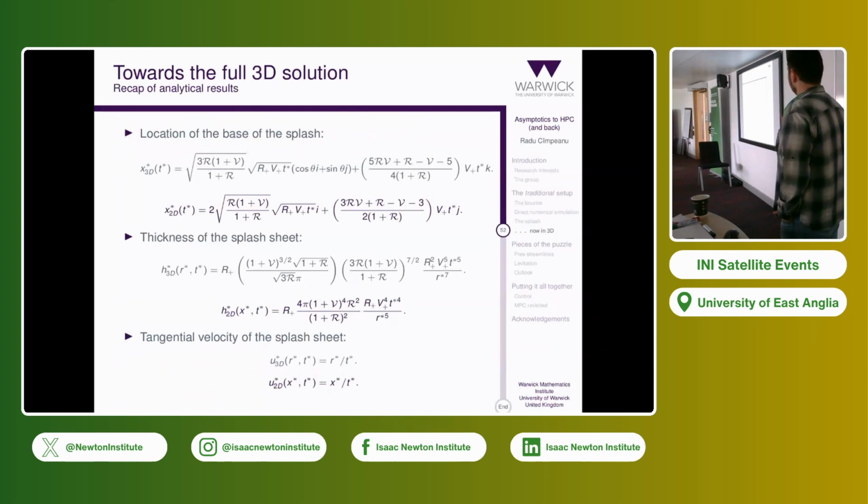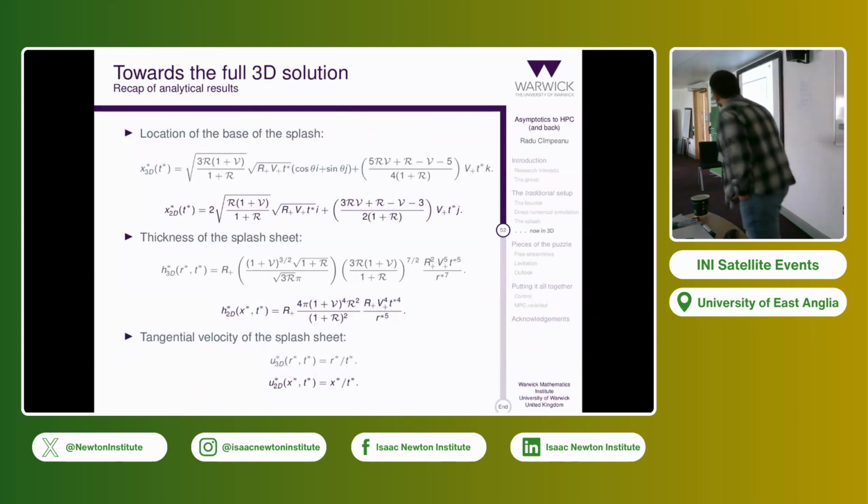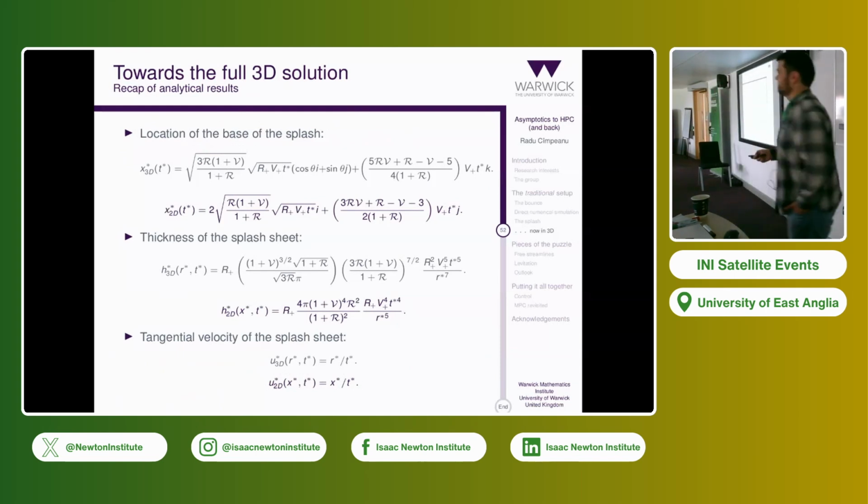The other notable thing is I've put here side by side 3D and 2D results of what we obtained before with the previous framework versus now. And you'll notice that, yes, coefficients change and there are a few adjustments because of the geometry, but otherwise the functional form of these is not dissimilar. So I think once you do the hard work of understanding this platform, you can actually get quite a bit of information out of it as well.